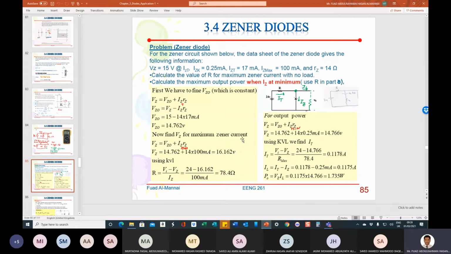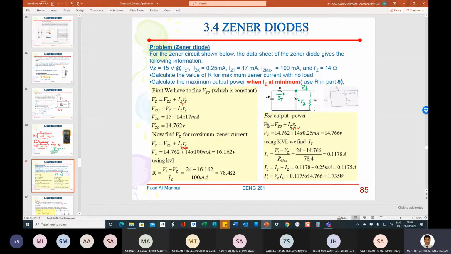Now, 16.162 volt will be at this node here, which is across the diode. To find the value of the resistor, remember that IZ will be equal to IZ max, because I don't have any current flowing at the output, since I didn't connect any resistor there.